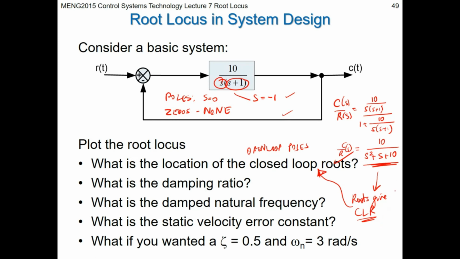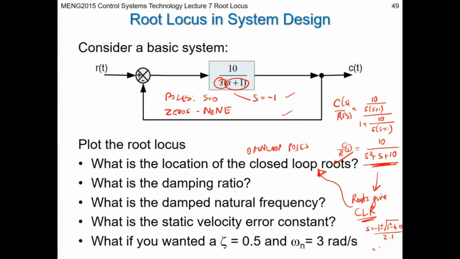So what are our closed loop roots in this case? I did not calculate this earlier, which I should have done, so I'm going to have to use s equals minus 1 plus or minus root of 1 squared minus 4 times 1 times 10, all over 2 times 1.